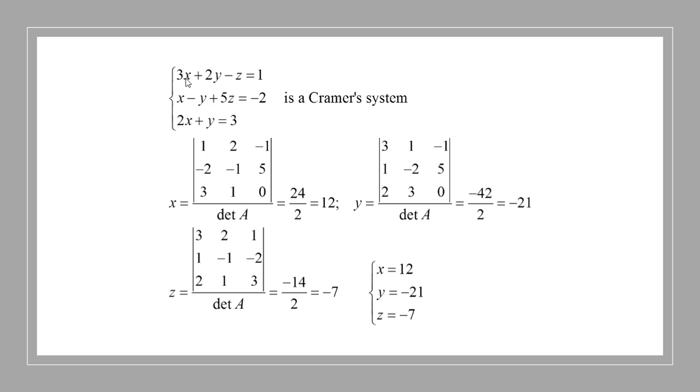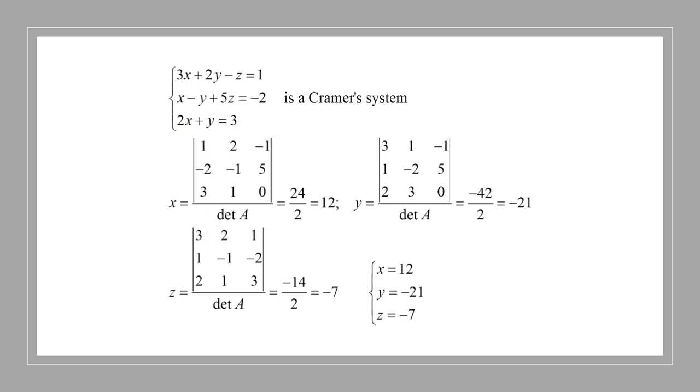In the first equation they are 3, 2, minus 1. In the second equation they are 1, minus 1 and 5, and in the third 2, 1, and since z is missing, the coefficient of z in the third equation is 0. The constants are 1, minus 2 and 3.